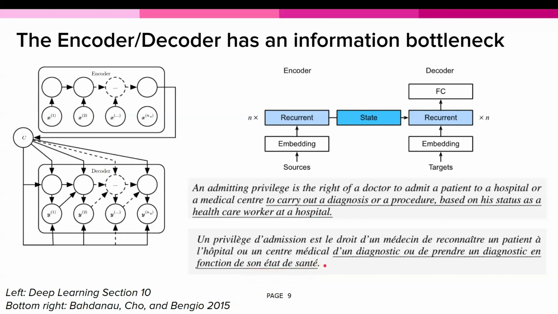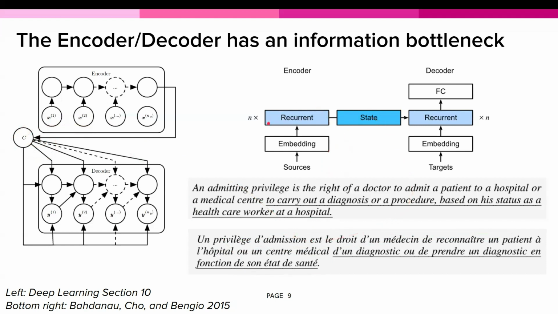So they got a little bit confused at the very end there. Instead of talking about his right to admit patients based on the status of his being a healthcare worker, it became he has a right to admit patients based on the status of his own health. That doesn't make any sense. And the authors attribute the failure to translate this longer sentence to the information bottleneck.